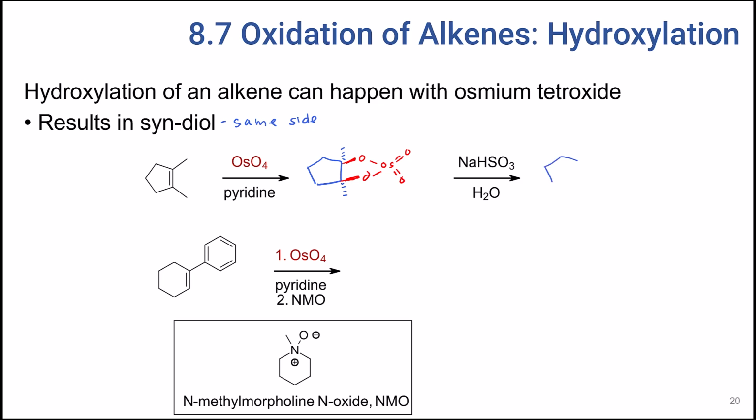That will cut off our osmium and leave us with these OHs. This reaction can also occur using NMO, which the structure is shown there, that N-methylmorpholine N-oxide. Reaction is the same. We're only going to react across the double bond though, not on the benzene ring. And we add our alcohols syn to each other.